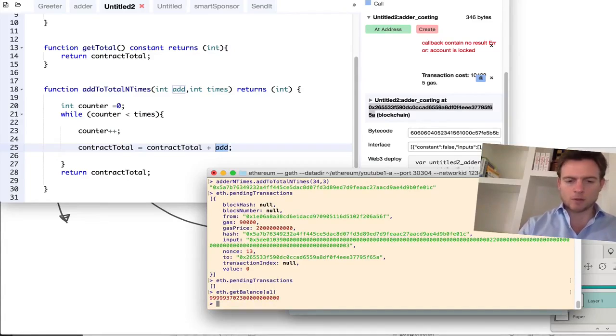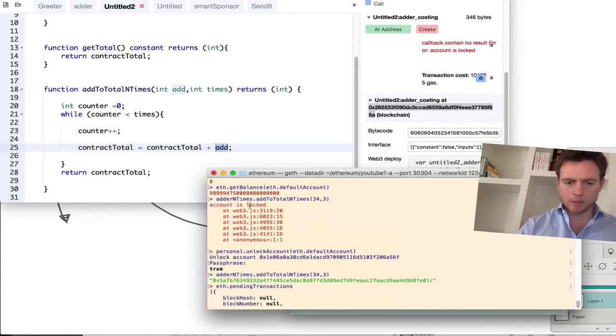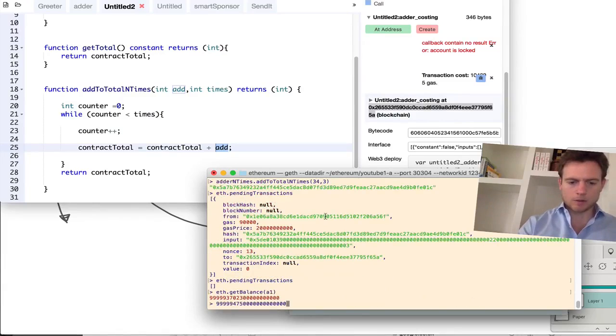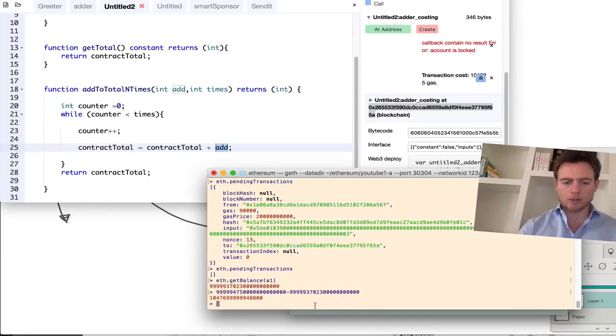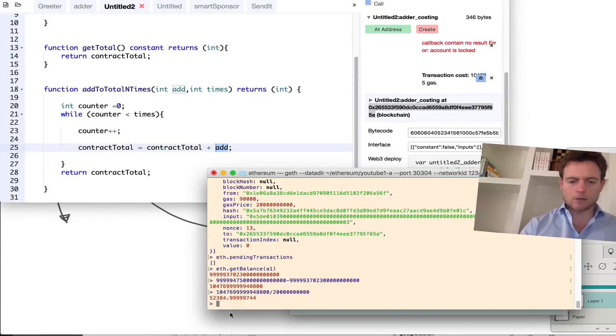If you remember up here, this was the old balance. So this minus this is the total number of wei that it cost us to execute this transaction. If we divide this by the gas price, this is the units of gas for that transaction.